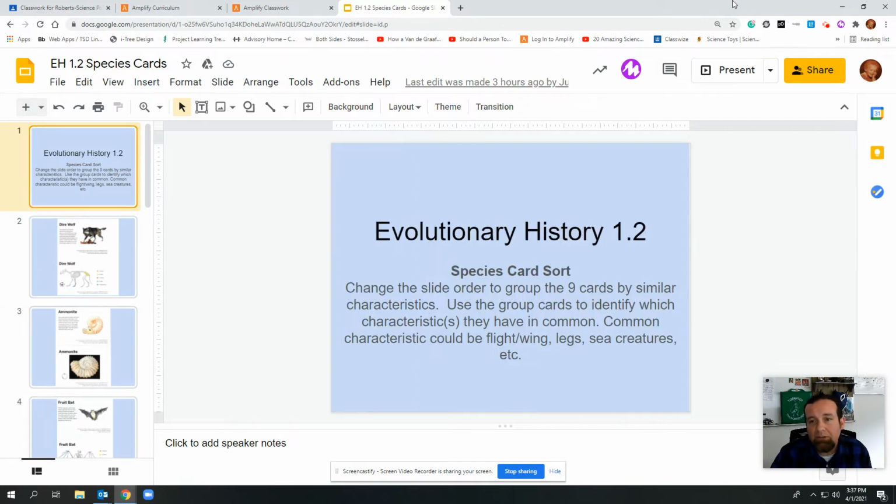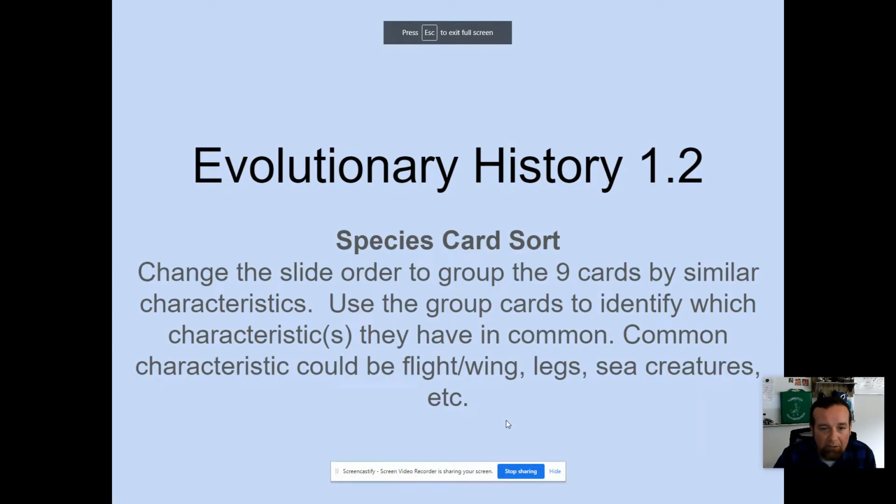So if we look at our instructions here, change the slide order to group the 9 cards by similar characteristics. Use the group cards to identify which characteristics they have in common. Common characteristics could include or could be flight or wings, legs, sea creatures, etc.